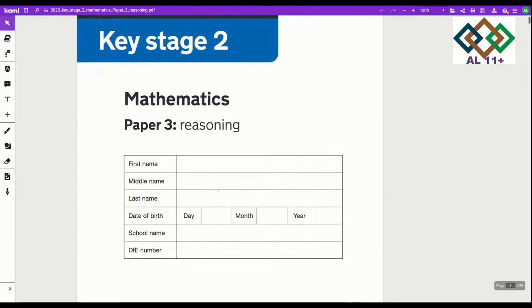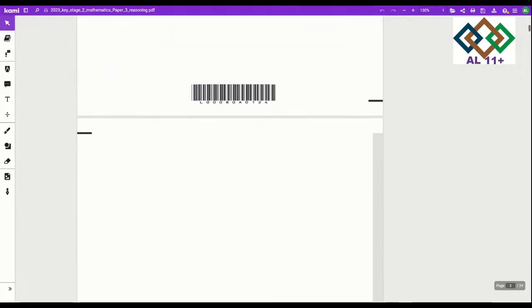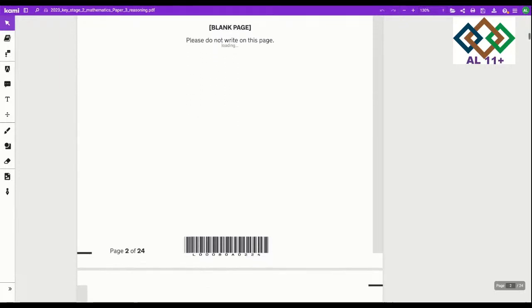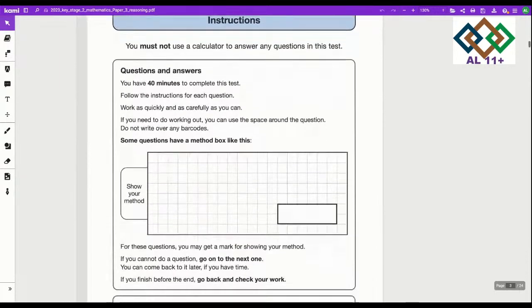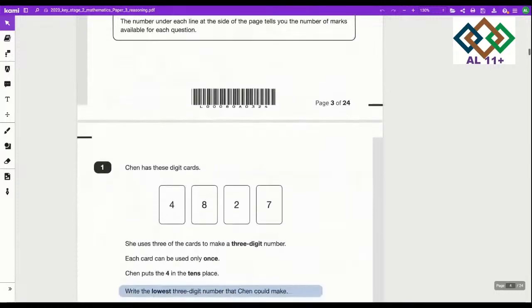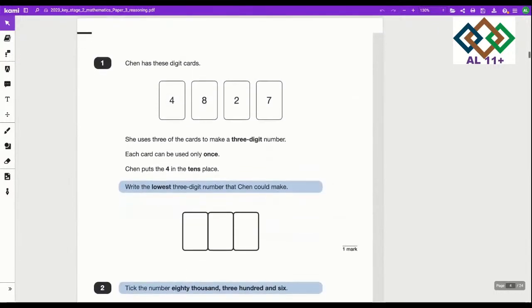It's paper 3 reasoning, so it's the third paper of reasoning. Now you can go with the answers. What do you think the first answer would be?